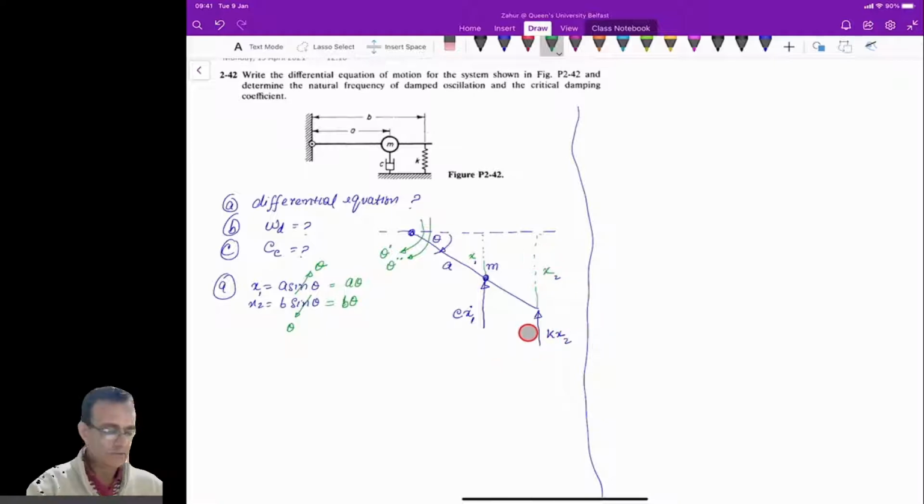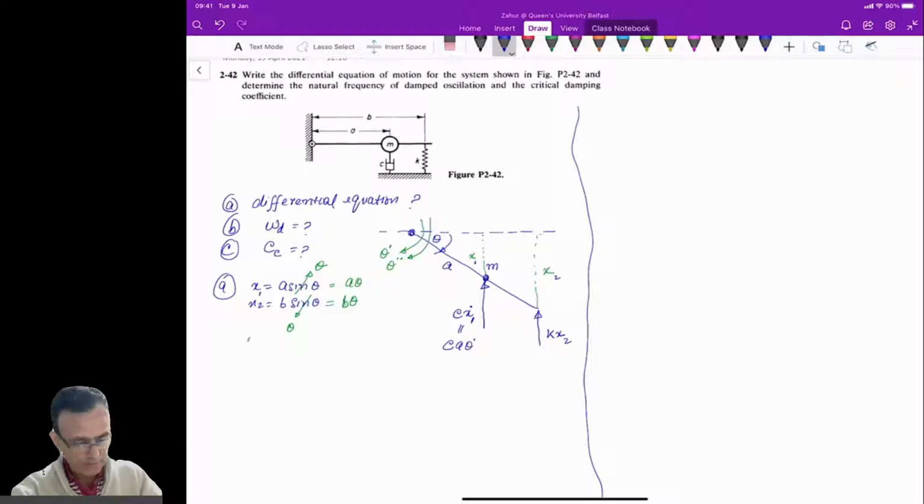This means that we can replace the C x dot by C a theta dot.